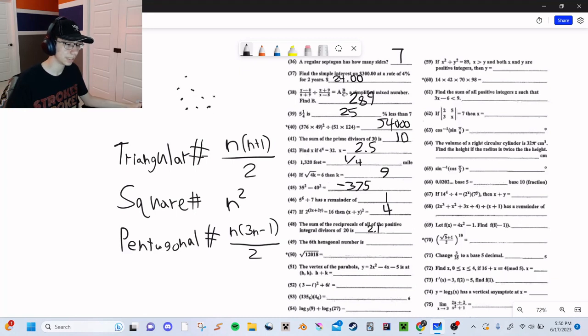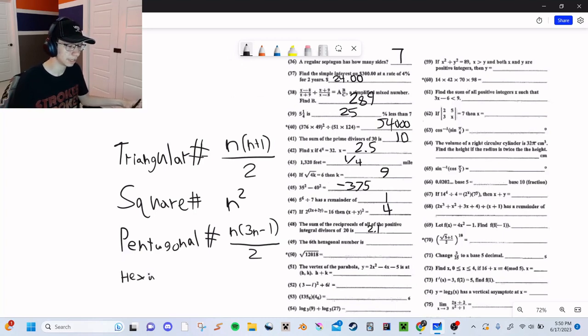And how many dots do I need to form this pentagon? And then this pentagon. It's like something like that, right? And that's the formula.